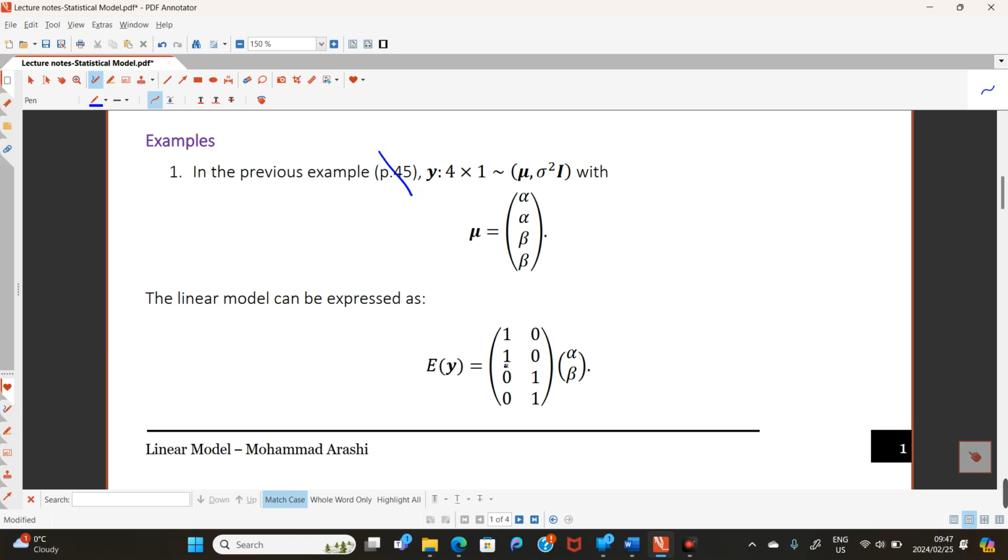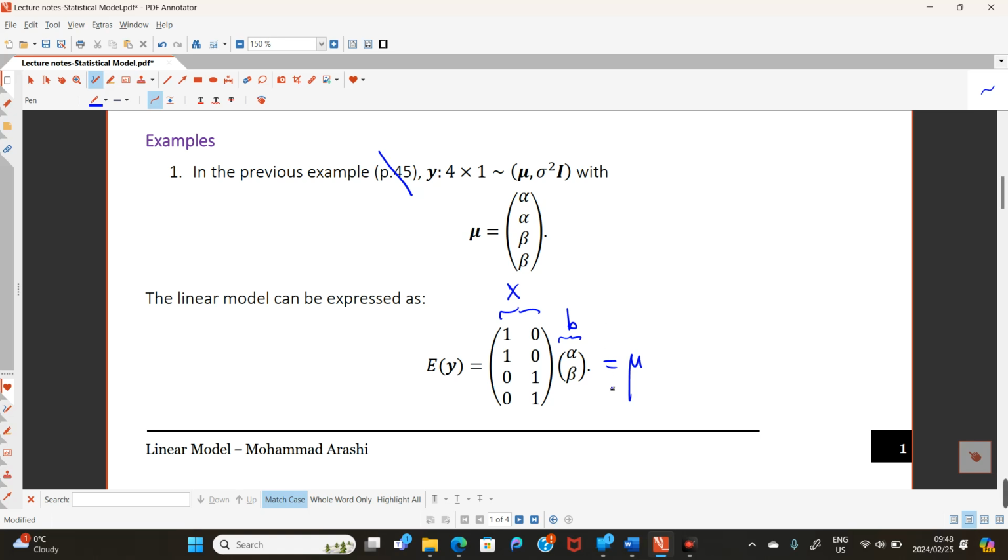Indeed, if you multiply, then you will get X beta, and so this X beta or Xb will give you mu easily. If you do the multiplication, 1 times alpha plus 0 times beta is equal to alpha. Again, 1 times alpha, so this is the first element.